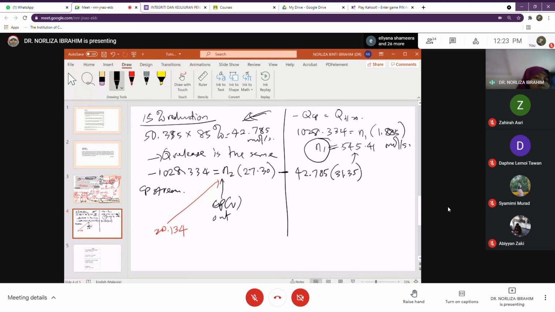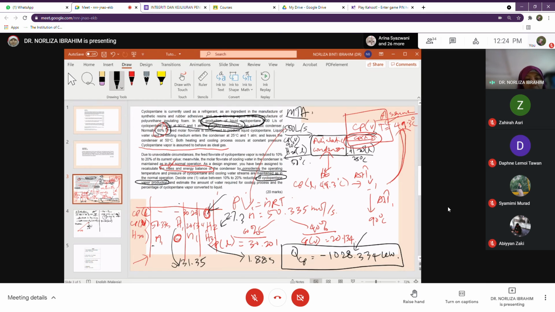So N2 is the vapor flow rate, and 42 is the new flow rate. Cyclopentane liquid is 0 because the enthalpy is 0, right? Yeah, this one is 0. So we only consider this.